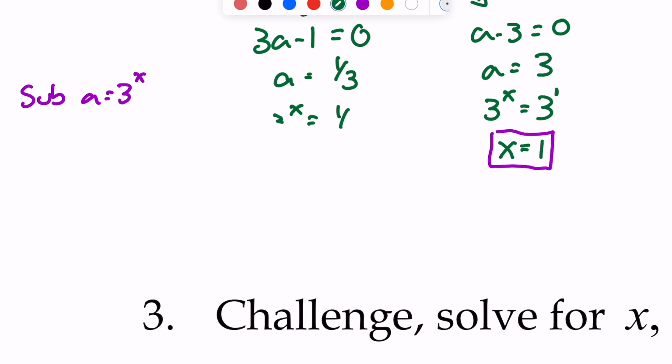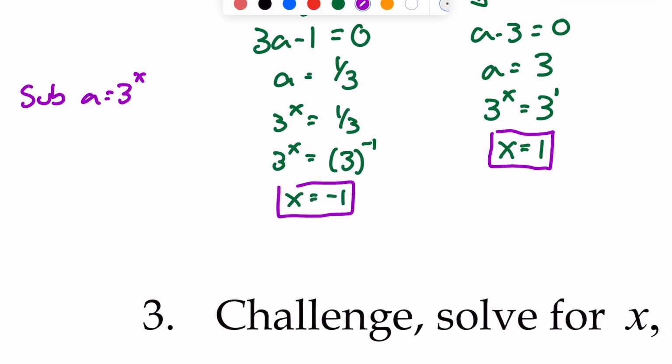Well, this fraction right here, that's the same thing as me saying 3 to the negative 1, because I can just reciprocate my fraction. So now we have same bases, we can equate the exponents. So x equals negative 1. There's your second solution.